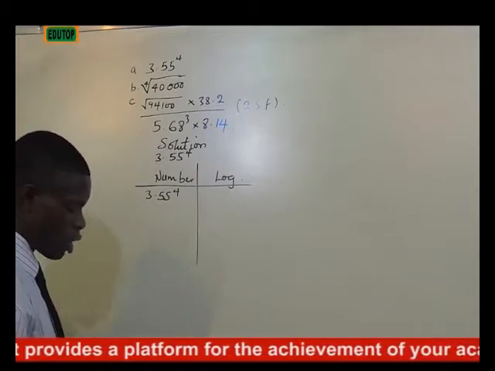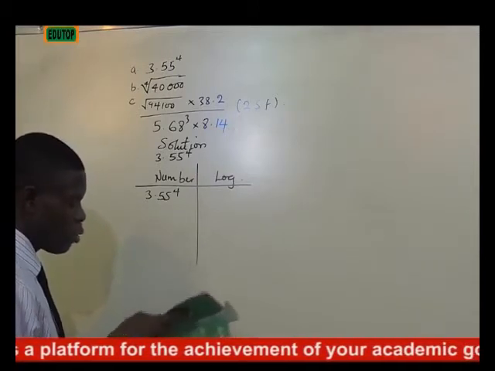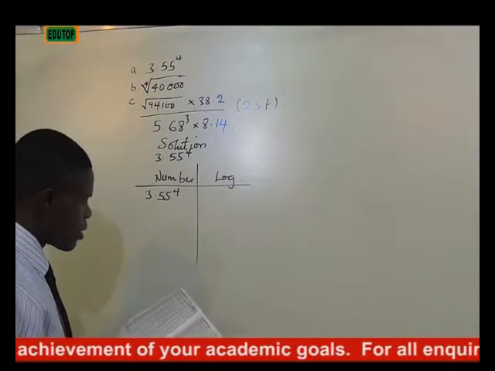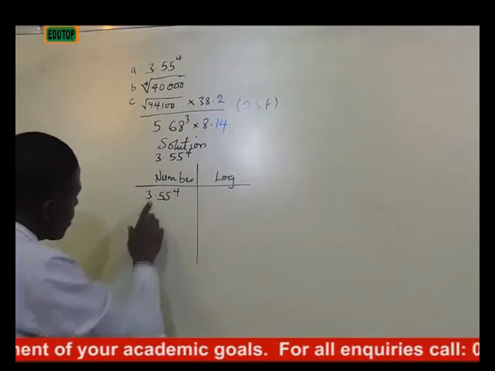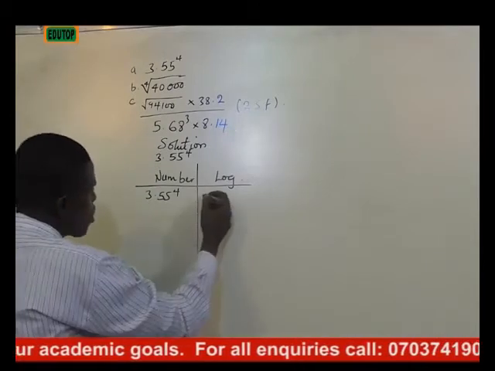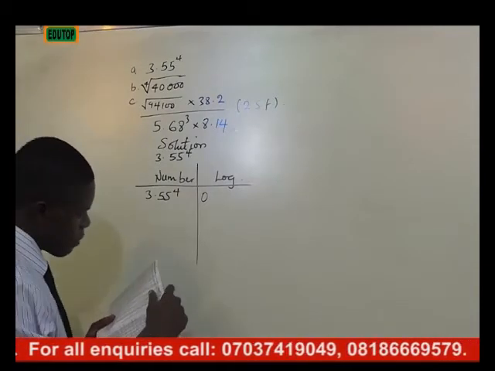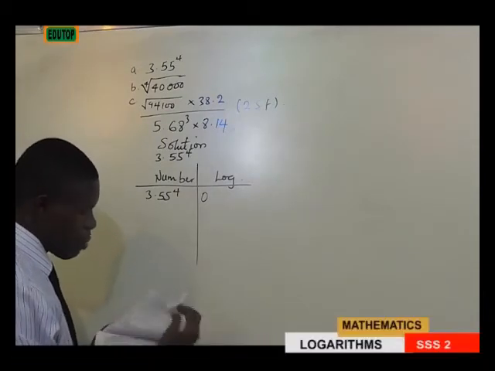In looking for the logarithm of the number, we go to the 4-figure table and check. Remember that there is a digit before the decimal, so automatically the characteristic becomes 0. So we have 35 under 5, logarithm of numbers.